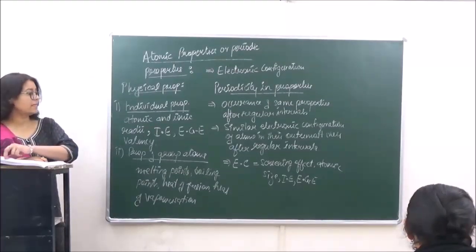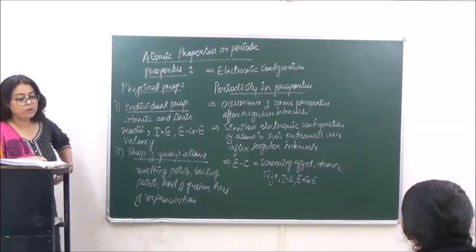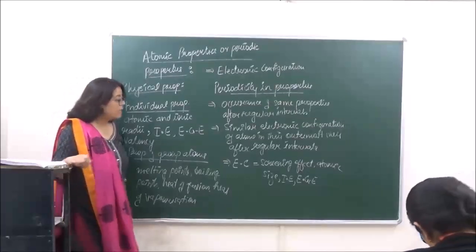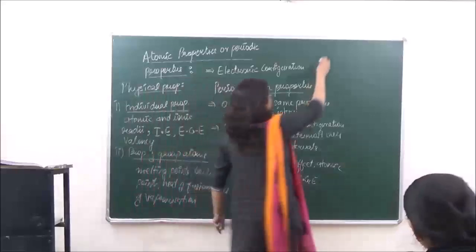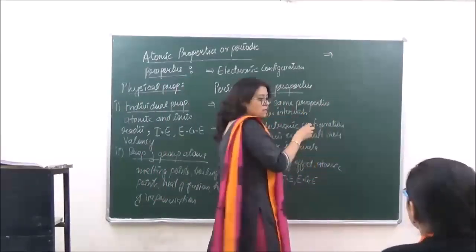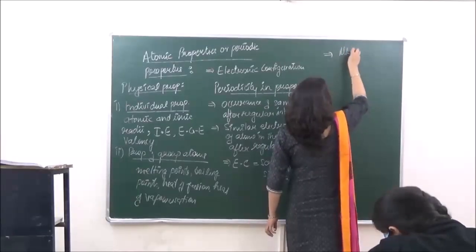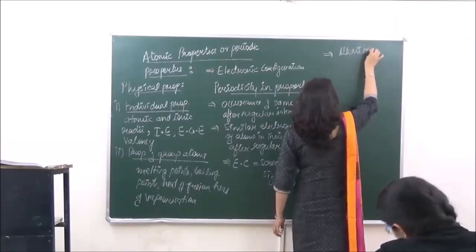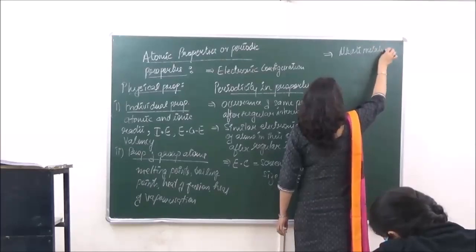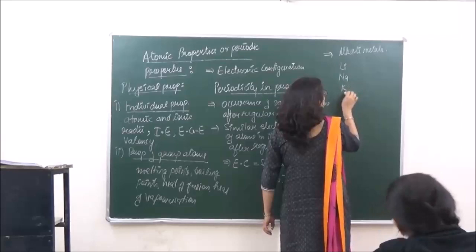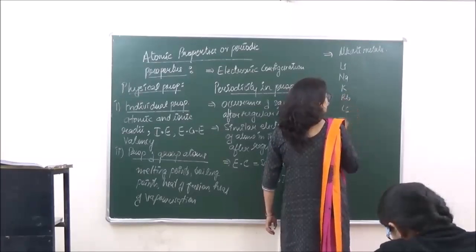Now chemical properties, as we just said, are going to remain the same due to similar electronic configuration in the outermost shell. Like for example, if you are talking of alkali metals, right? So alkali metals means lithium, sodium, potassium, rubidium, cesium.